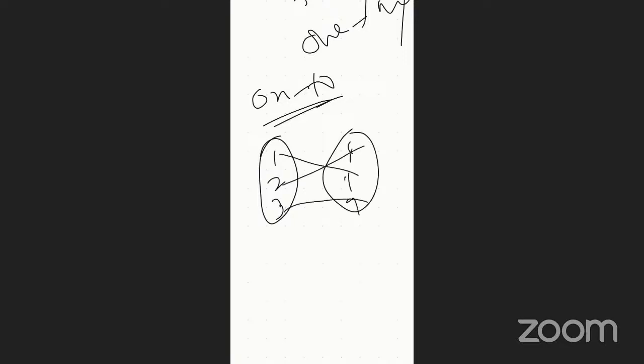This is A and B is called the codomain. Every element in the codomain has a pre-image: 4 has pre-image 2, 1 has pre-image 1, and 9 has pre-image 3. So this is called an onto function.